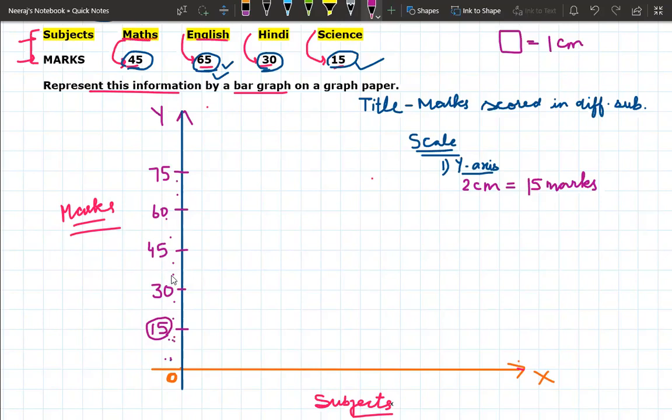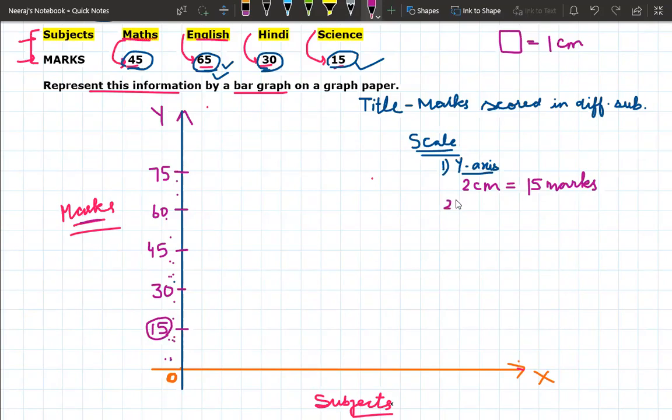And again if you are leaving 2 boxes, which is 2 centimeters, from 30 to 45 there is a difference of 15. And what is 15 over here? Marks. From 0 to 75, these all are marks, the number of marks, right? So it means that 2 centimeters is equal to 15 marks.